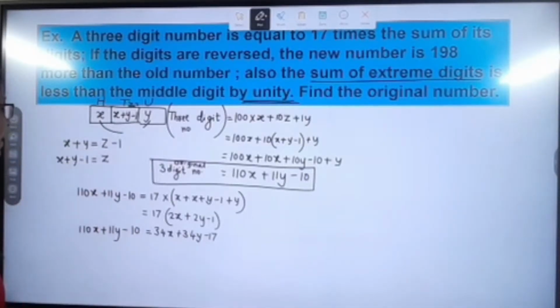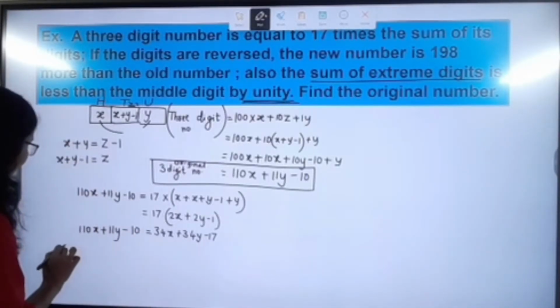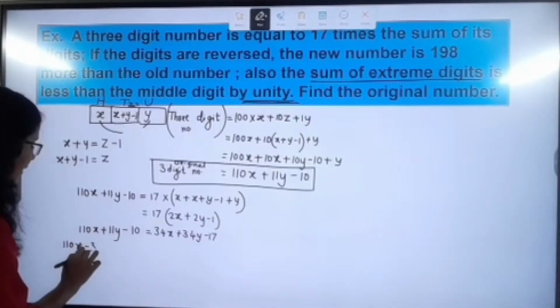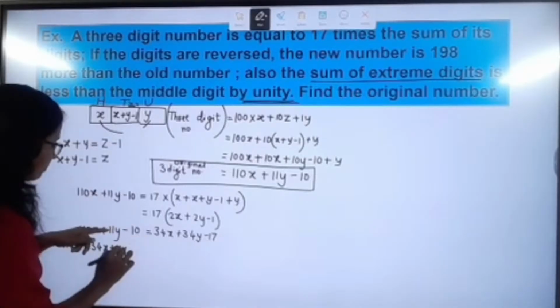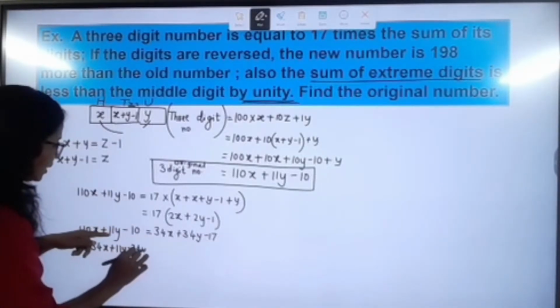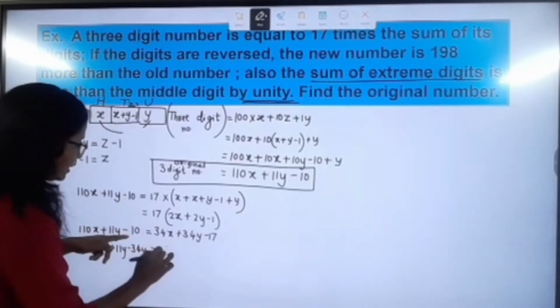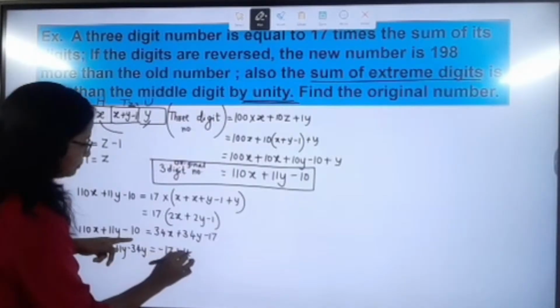Okay students, now we further simplify: 110x minus 34x plus 11y minus 34y is equal to minus 17 plus 10.